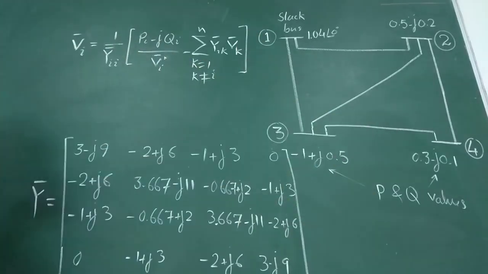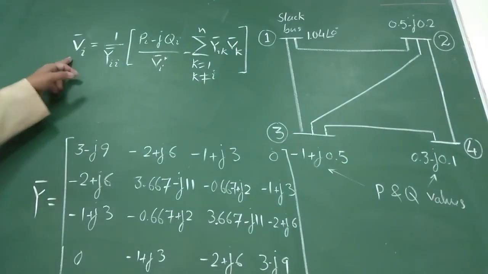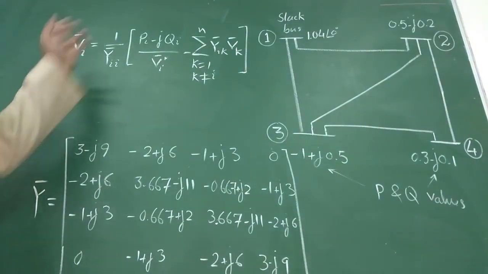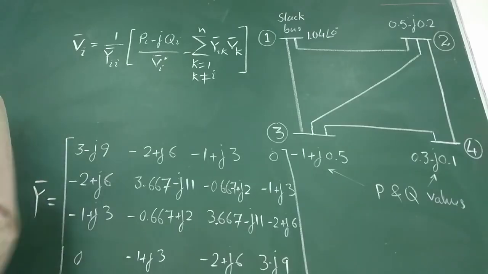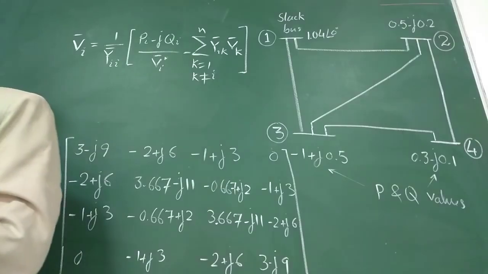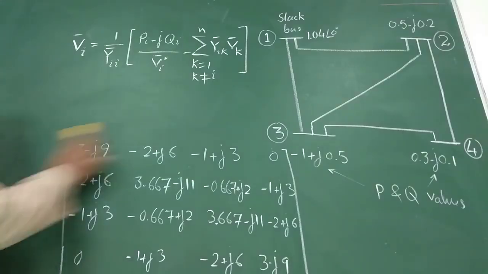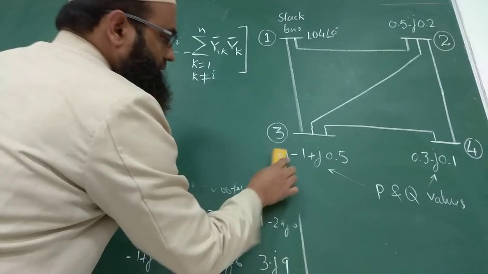So this is the general equation for writing the Vi phasor. For i equal to 2, 3 and 4, we will write it separately. And while applying the Gauss-Seidel method of load flow, don't forget to put the updated values of variables in any iteration. So start with bus number 2.